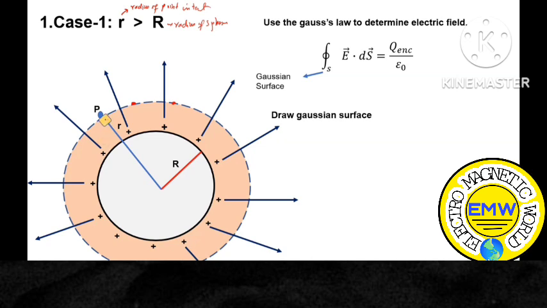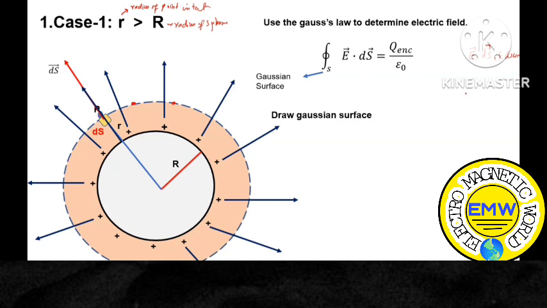If I solve the equation, the closed surface integral of E vector dot ds vector, the result will be E ds cos theta equal to Q enclosed divided by epsilon naught. As I told you, the electrical field at every point is constant, so this value is constant and will come outside the integral sign.